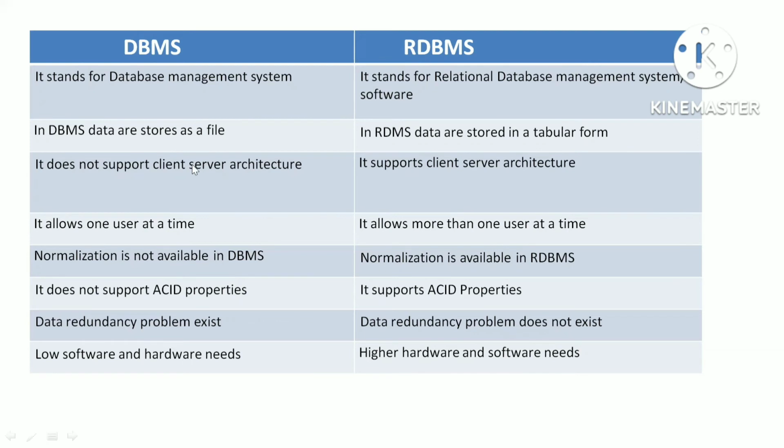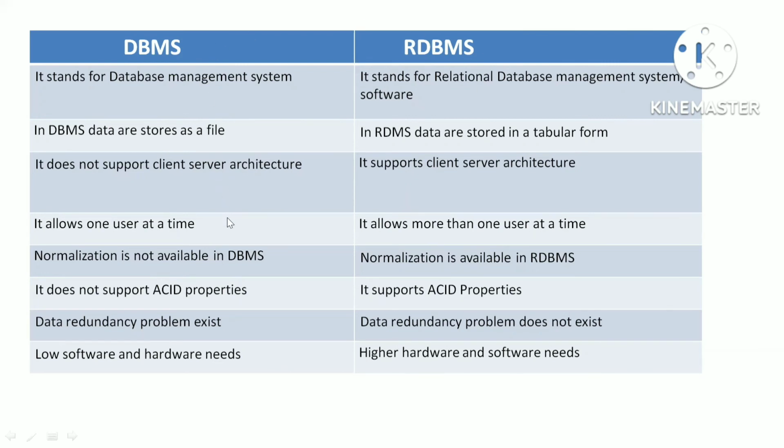DBMS does not support client-server architecture, but RDBMS supports client-server architecture. I have discussed the DBMS architecture, and if you haven't seen it, please go and see that. DBMS allows one user at a time, but RDBMS allows more than one user at a time.